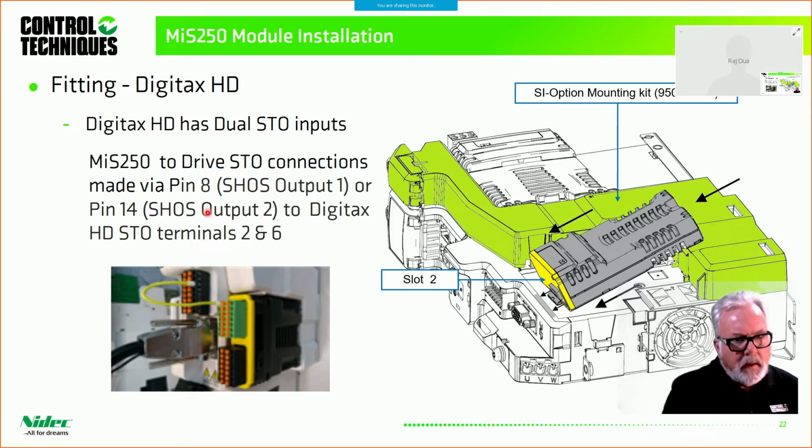And that wire here can be connected to either pin 8 here or pin 14. The module has two safe outputs. And on the other side, on the Digitax HD side, you can connect your wire to terminals 2 and 6. So here I've got it in terminal 6, it looks like.